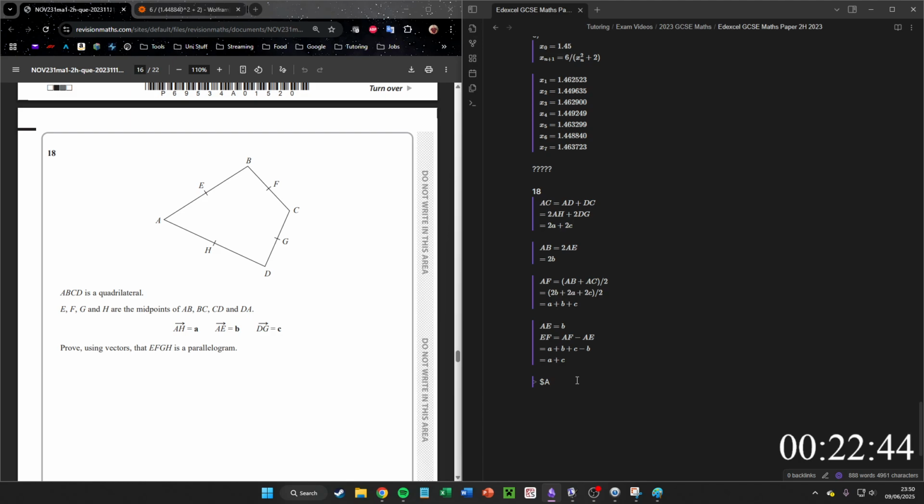We need to figure out AG, that's what we need to do. AG is equal to AD plus DG. I feel like I've already done that before, but I don't know. AG is quite clearly 2AH, and DG we know to be c. So AH is a, so it's 2a plus c. We have AG, we have AF.